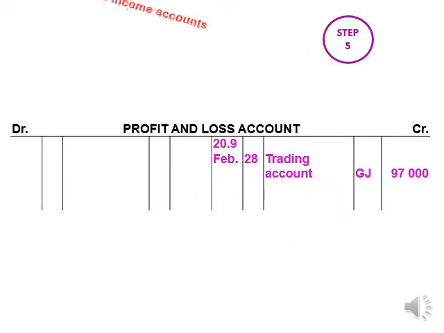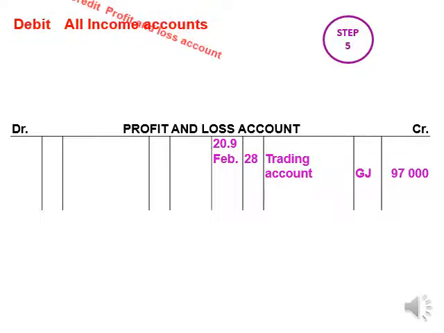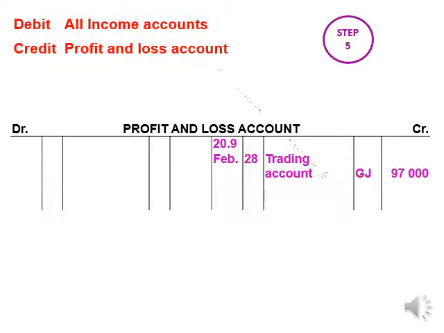Step number 5 is now to close all our income accounts to the profit and loss account. Now, incomes are credits. To close them, we will have to debit the income accounts and therefore credit the profit and loss account. Each one of them will be listed separately. For example purposes, we will just have now one entry there. But if we have more than one other income, they will be listed separately on the credit side of the profit and loss account.